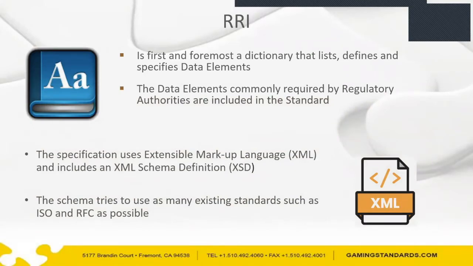So the data element types that we ended up coming up with were three: attributes, common data types, and then metrics. Now, attributes are data elements that can be comprised of either a single simple data type or a single complex data type. The common data types are those that are either simple or complex data types.